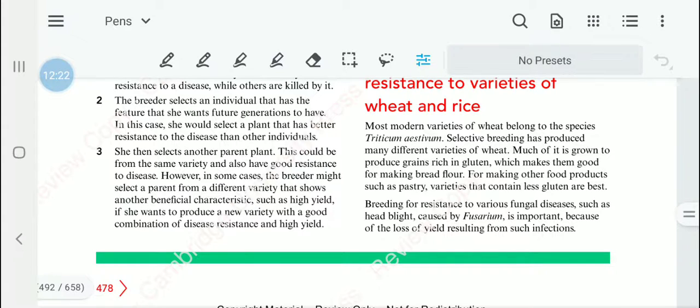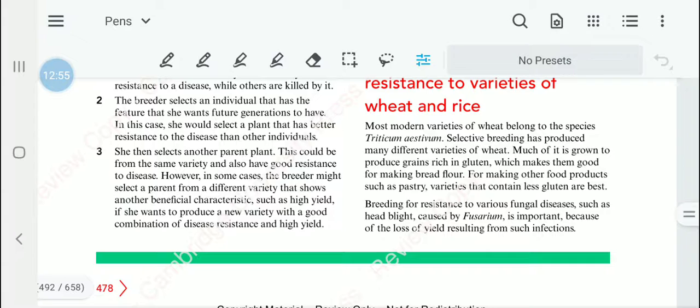Most of this wheat is actually converted into bread flour. As a result, they are grown to produce wheat which is rich in gluten. To produce other products such as pastry, they have less gluten, or gluten-free products.